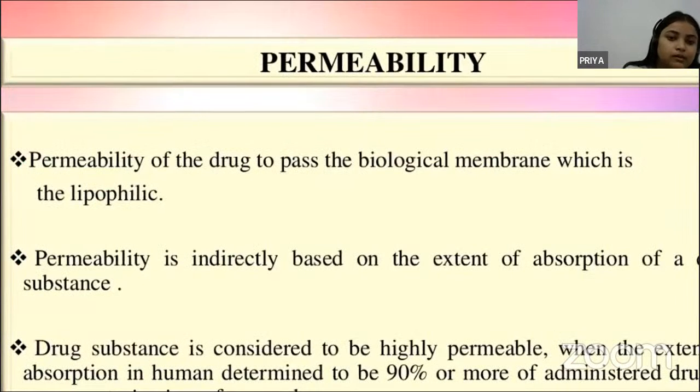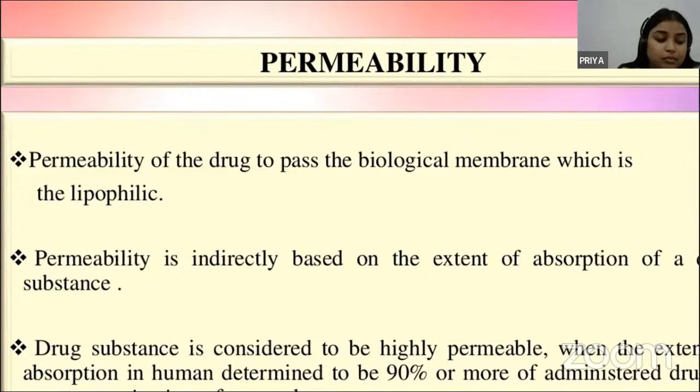Now, the next factor is permeability. Permeability is the ability of a drug to pass through a biological membrane, which is lipophilic, and it is based on the extent or rate of absorption of the drug substance. Permeability is determined by mass balance, absolute bioavailability, and human intestinal perfusion studies.